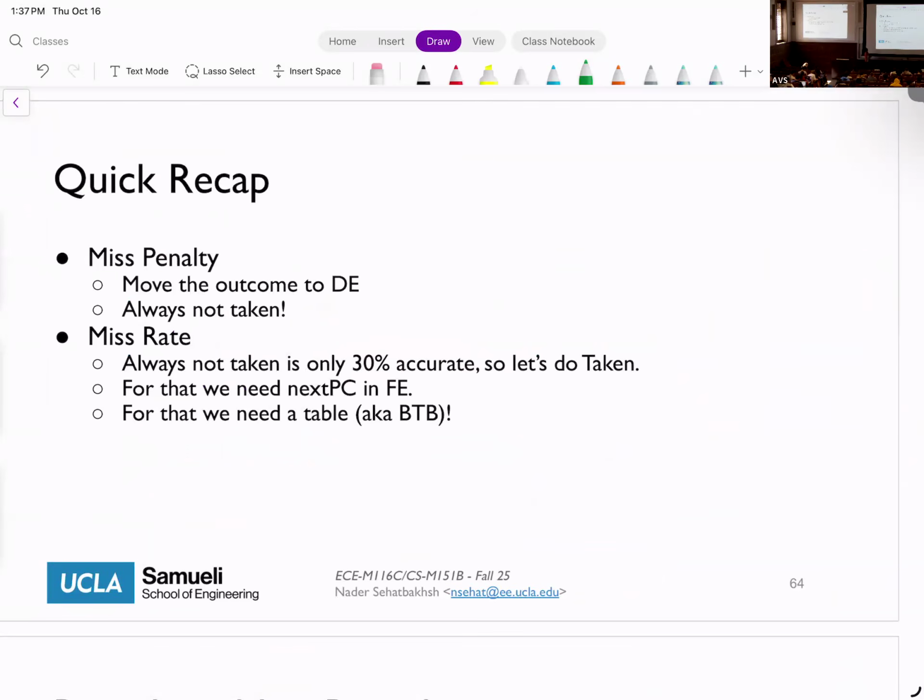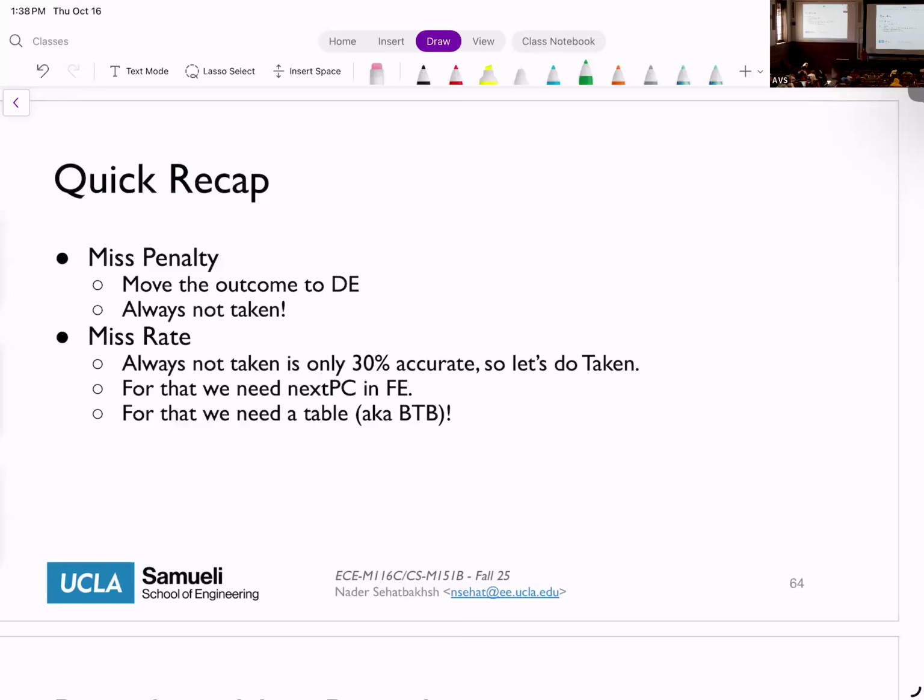Okay, so a quick recap. We reduce the miss penalty to 1 cycle by moving things to the decode stage, and we do always not taken. Always not taken was 30% accurate on branches, so we flipped this. We say, okay, let's predict taken all the time.